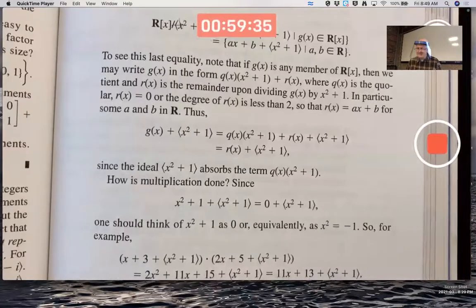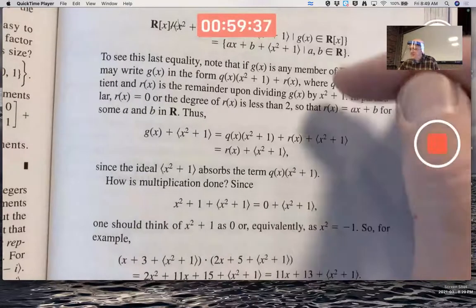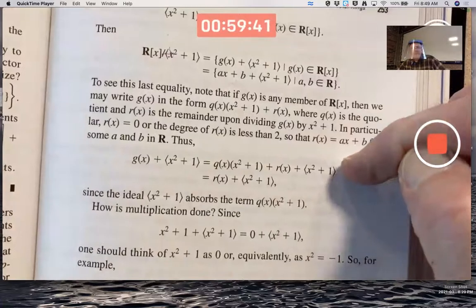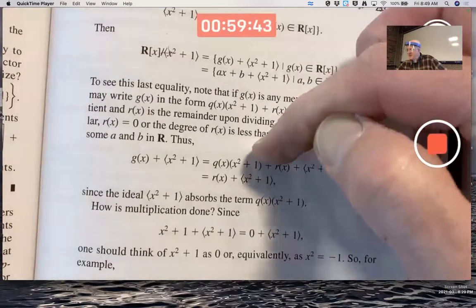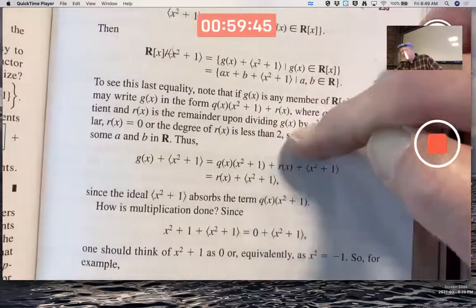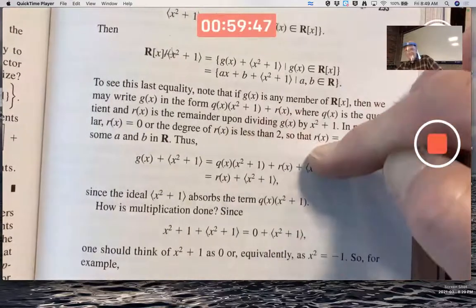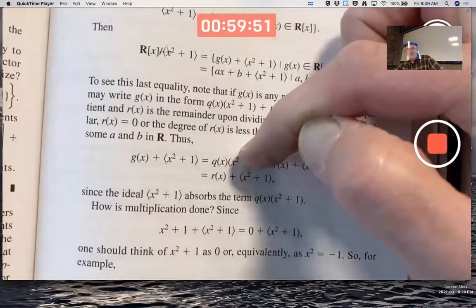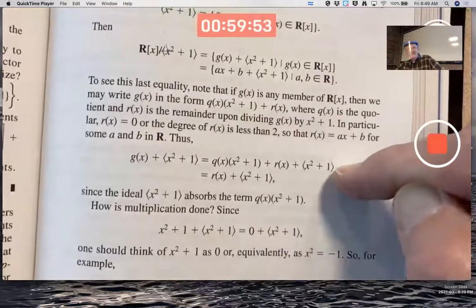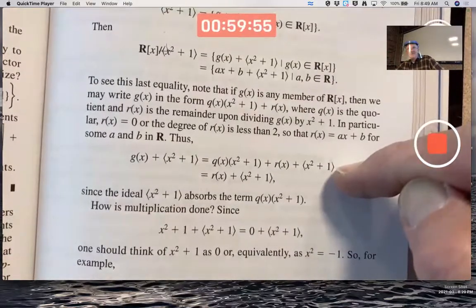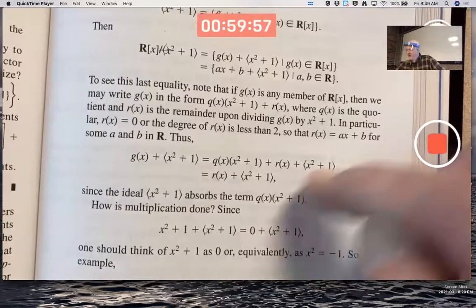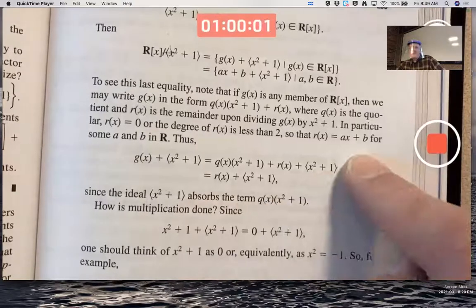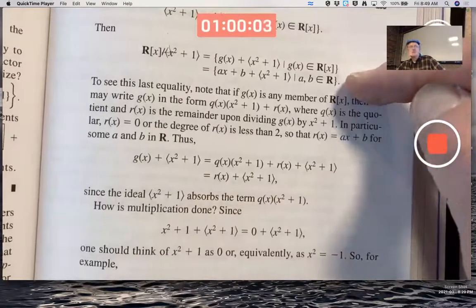And what happens is, when you look at this expression, you should think of the q of x times x squared plus 1 as getting sucked into the ideal. Why? Because it's a multiple of x squared plus 1. It's an element of this ideal. The r of x is not, so it just stays in front. But it is linear, and therefore we can say this is true.